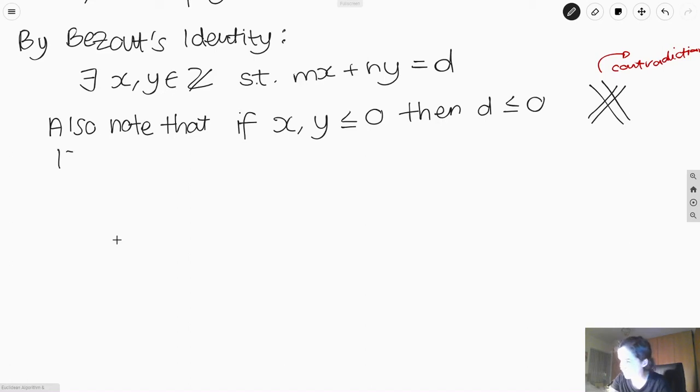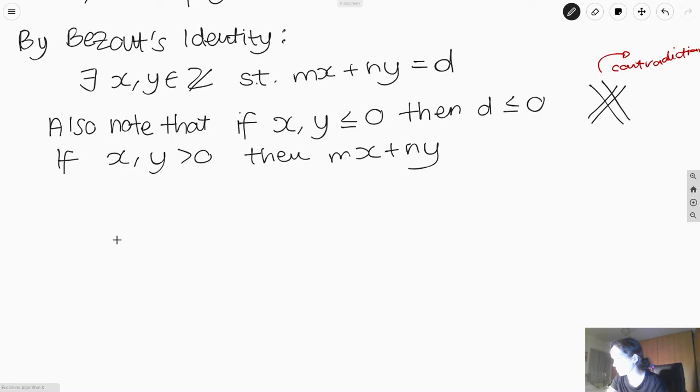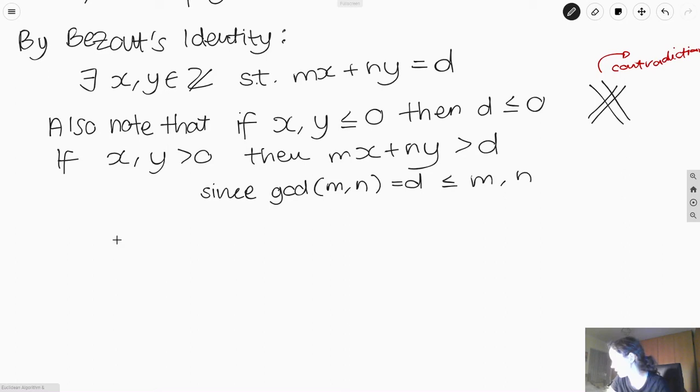Also, if x and y were to be both positive, then mx plus ny would be bigger than d. But this would not make sense, since we know that the GCD of m and n equal to d is going to be smaller or equal to m and n.